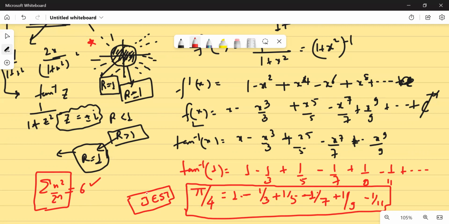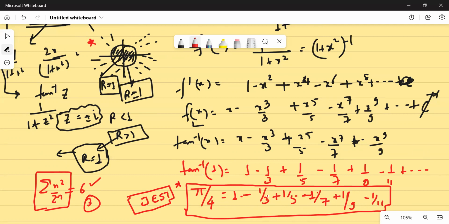So series, in any case, we'll do in 3 lectures, and there I will tell you all these small things. But right now, just accept the fact that this particular series will become convergent, since tan inverse 1 is pi by 4, and this entire thing is 1 minus 1 by 3 plus 1 by 5 minus 1 by 7.